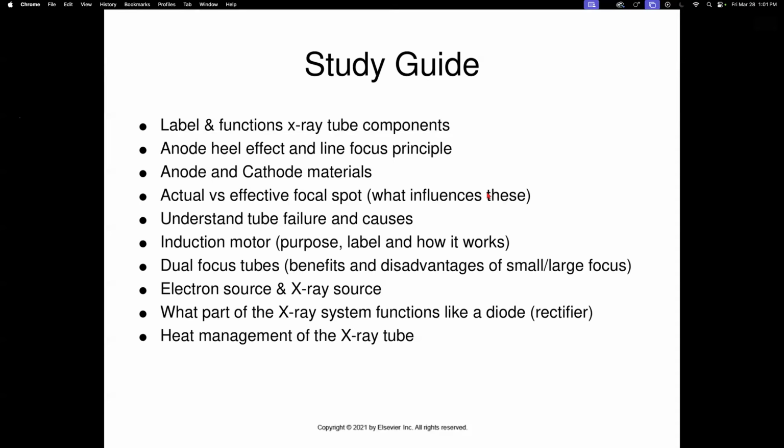I think I'm mixing it up. Is the lead casing also part of the housing? Yes. Oh, okay. So it also prevents, I don't remember if it's called unnecessary radiation. Is that what it's called? I don't remember if it's called that or another term.